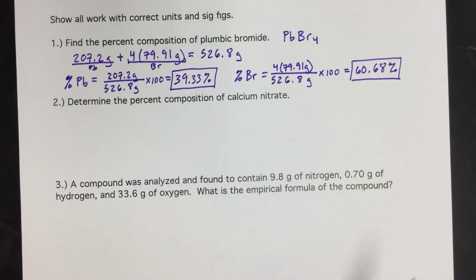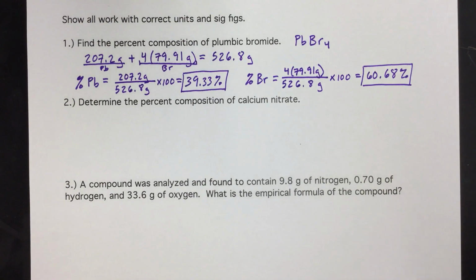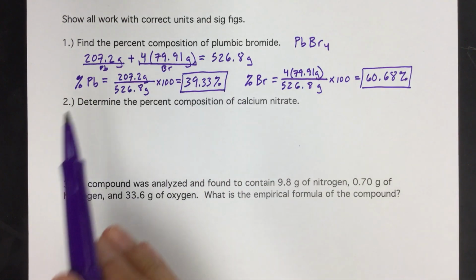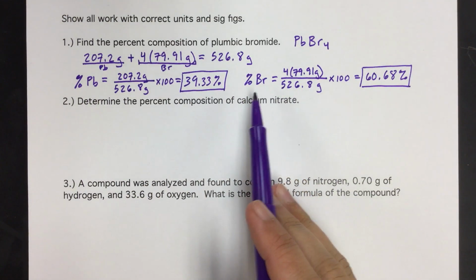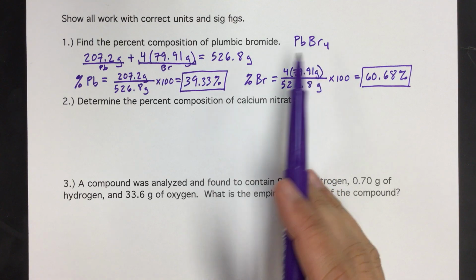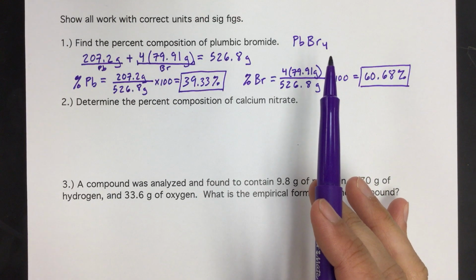One way that you can check your answer for these types of problems is that your percentages, whether there are 2 or 3 or 4 of them, when you add them together, should roughly equal 100%. Because what you're saying is that of this total mass, what percent is lead, what percent is bromine. There's nothing else in this formula, so if you don't get 100%, you're missing some mass somewhere.